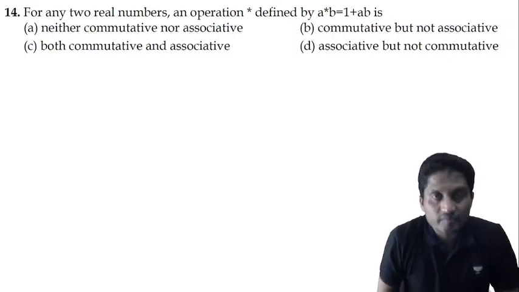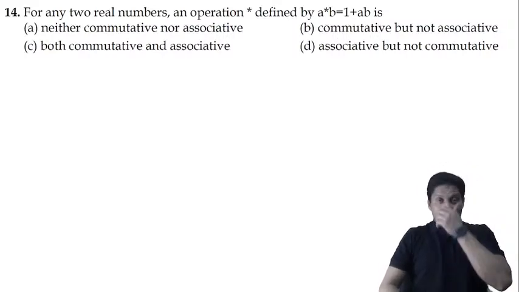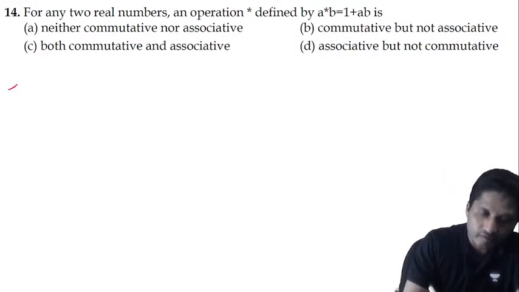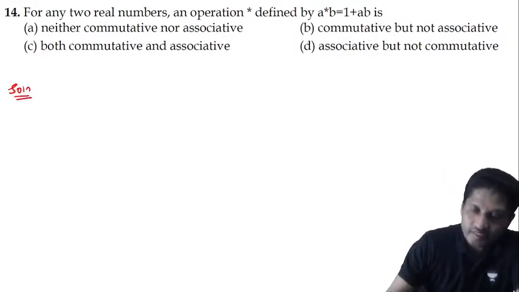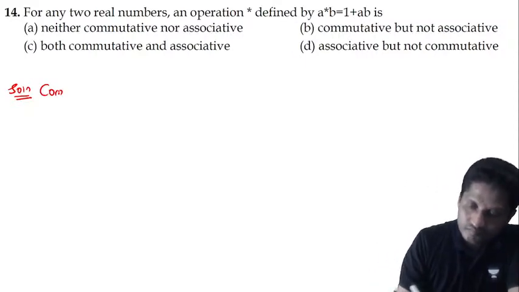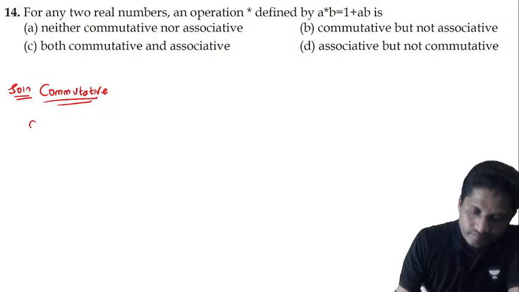For any two real numbers, the operation star is defined by A star B is equal to 1 plus AB. You should check which of the following options are true. Okay, now let's check commutative. A star B is equal to 1 plus AB, right?